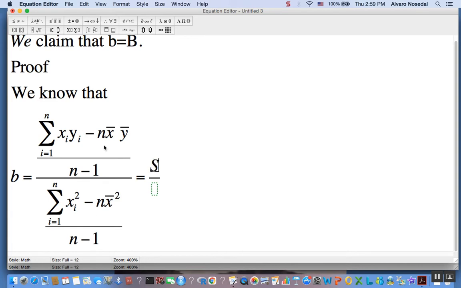Let me write it down with that notation. And when you see something like this, you should go, oh, that's the alternative expression for the variance of x. Make sense? Okay.